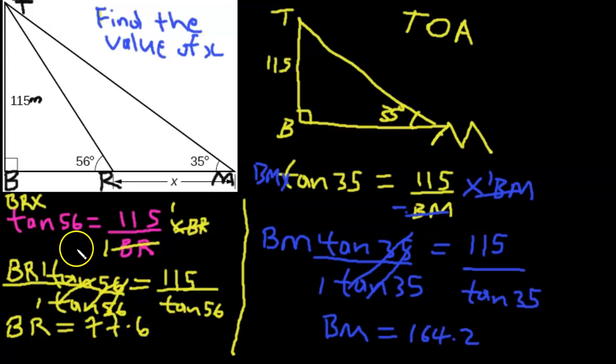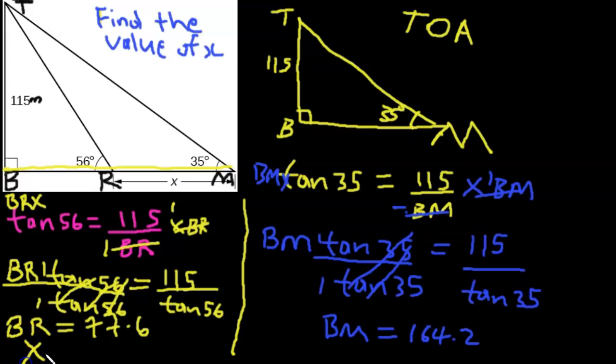So 77.6. So what is X? By the way, X is the same thing as RM, right? So from B to M, it's 164.2, and from B to R is 77.6. So RM will obviously be the difference. X, or if you want to call it RM, same thing.